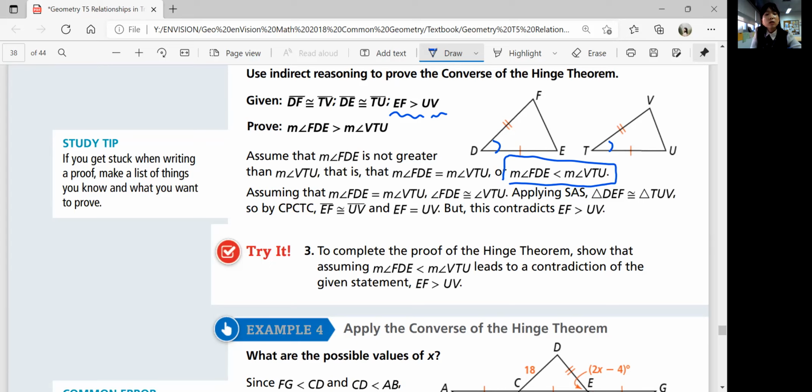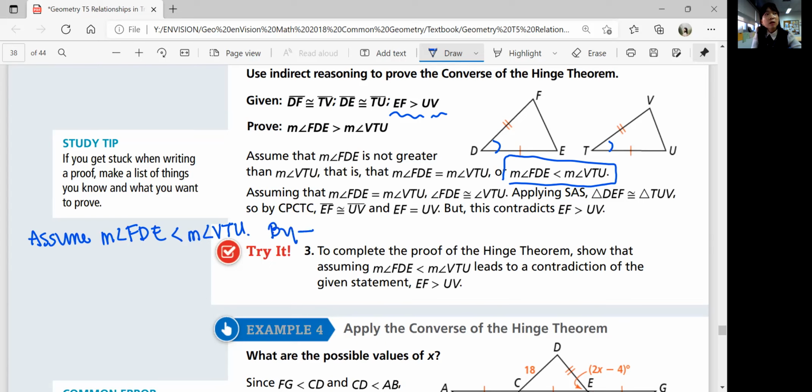Okay, so first step, assume measure of angle FDE is less than measure of angle VTU. I know I abbreviated them as D and T, but because the problem says so, we're going to use this.